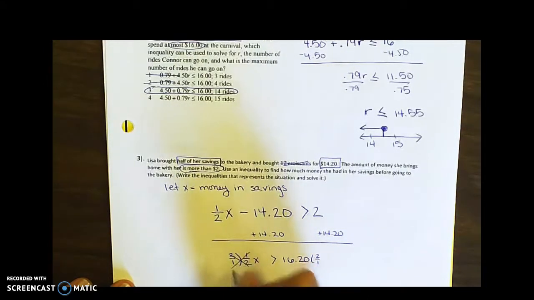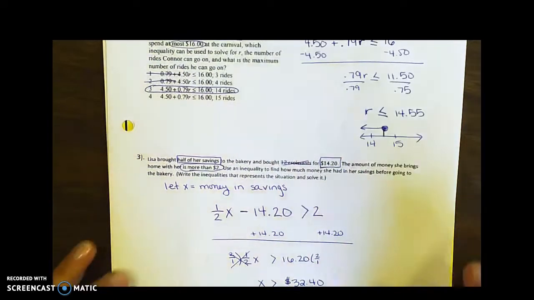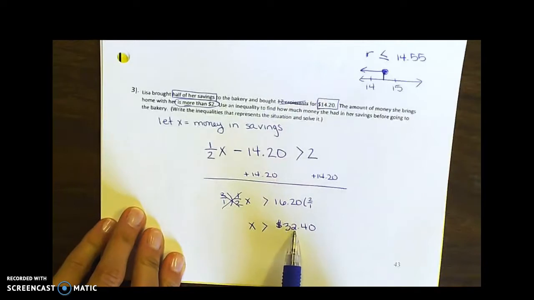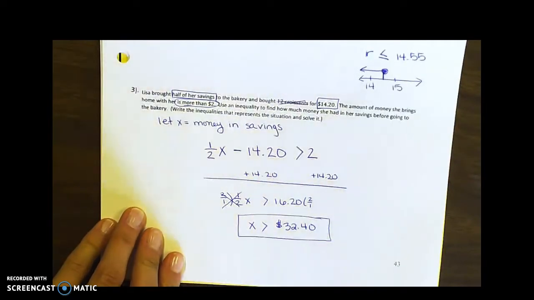So those cancel, and we get X is greater than $32.40. So how much money did she have in her savings before going to the bakery? Well, she had at least $32.40. And you have now solved the equation.